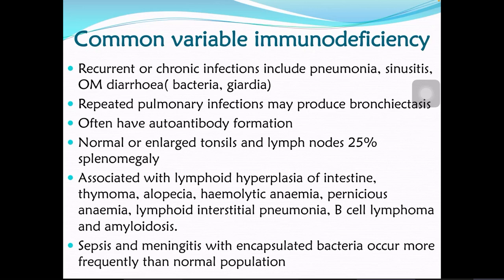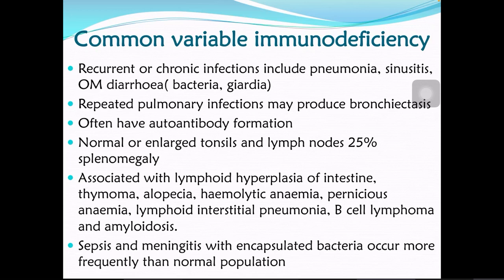The etiology for the diarrheal illness could be bacterial, like maybe E. coli or Shigella, and they can also get diarrhea due to giardia. Now, if these patients tend to get recurrent or repeated pulmonary infections, that may lead to bronchiectasis.